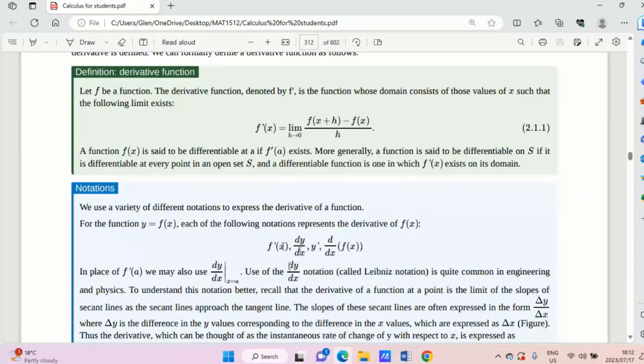Whether you use this first notation, second notation, third, or fourth, we're just referring to one and the same thing. We are just saying we are differentiating with respect to x.